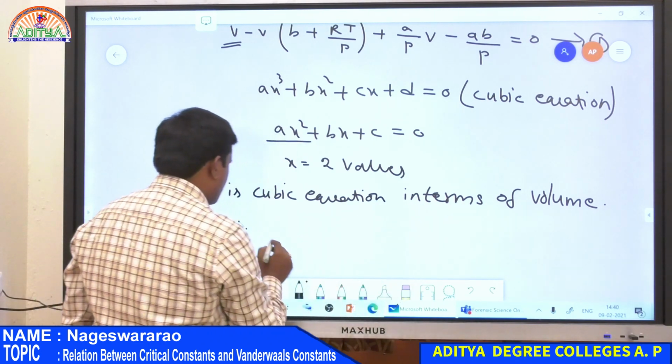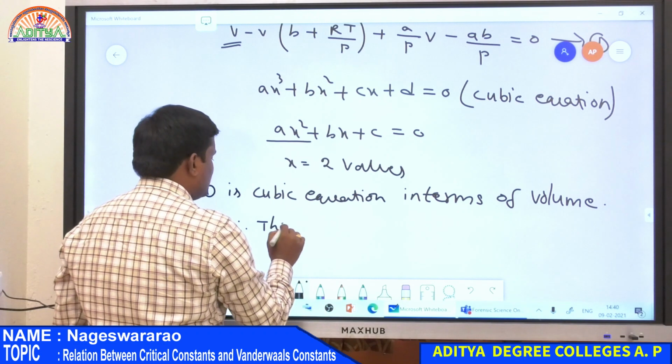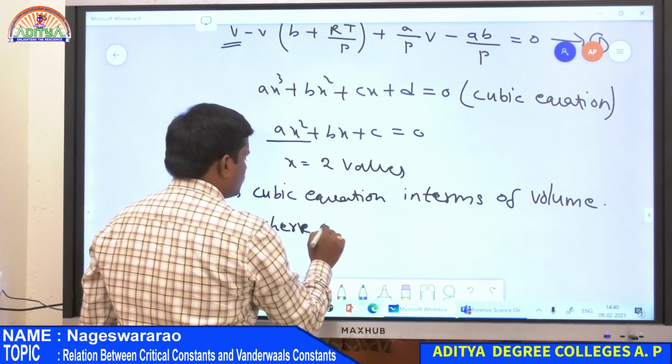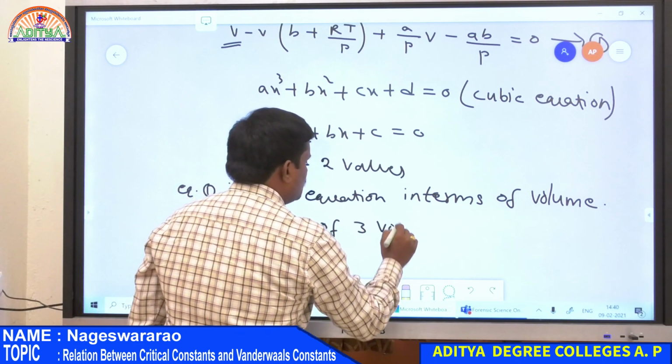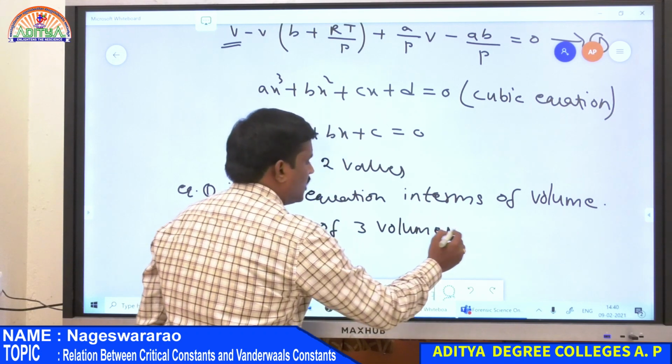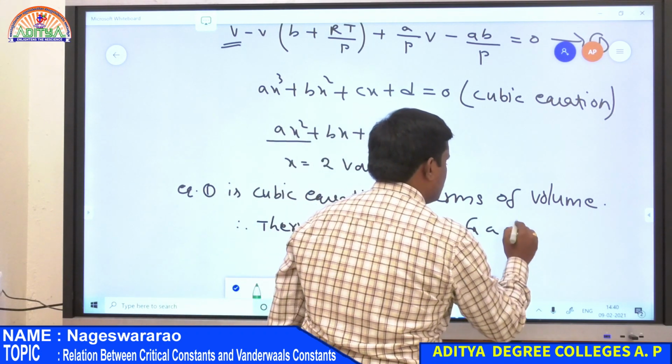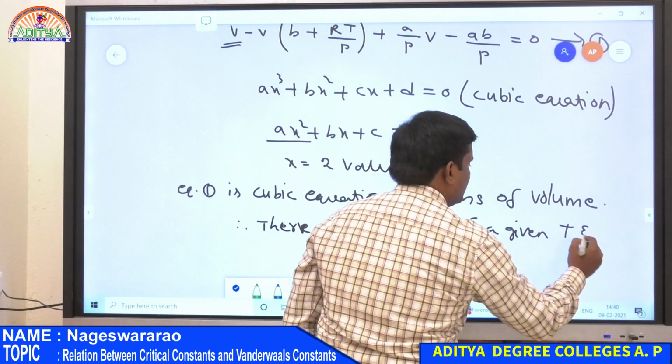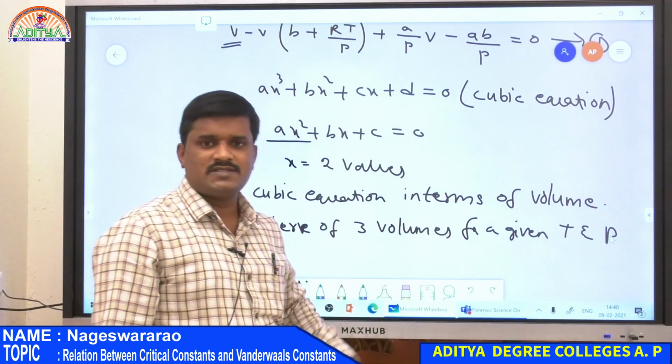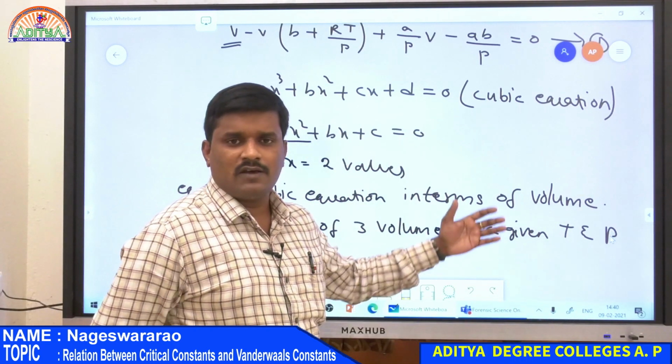Therefore there are 3 values of volume for a given temperature and pressure. So this is the van der Waals equation for 1 mole of a gas.